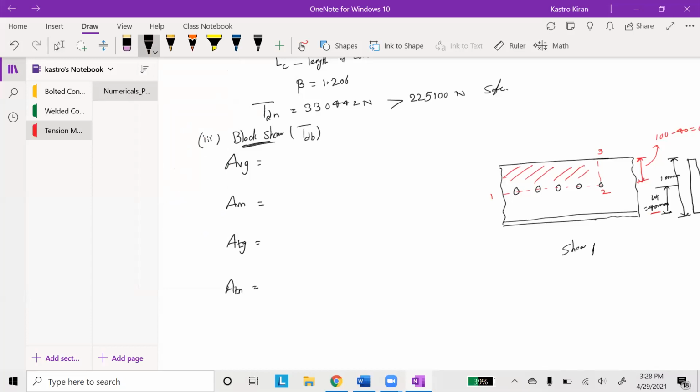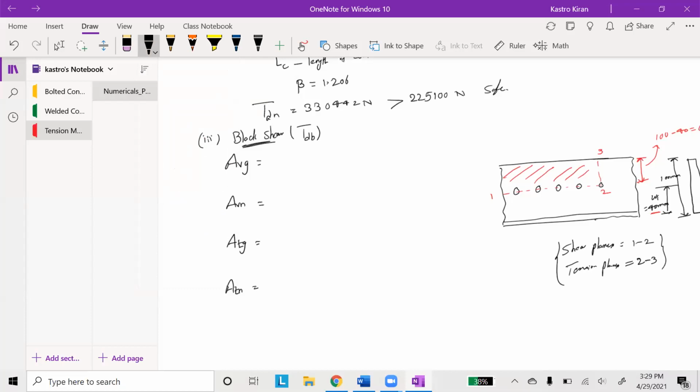Here the shear plane is 1, 2, and the tension plane is 2, 3. So you have one shear plane and one tension plane.